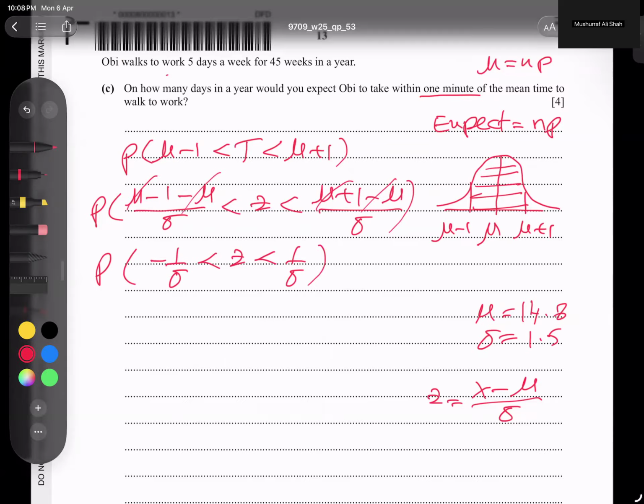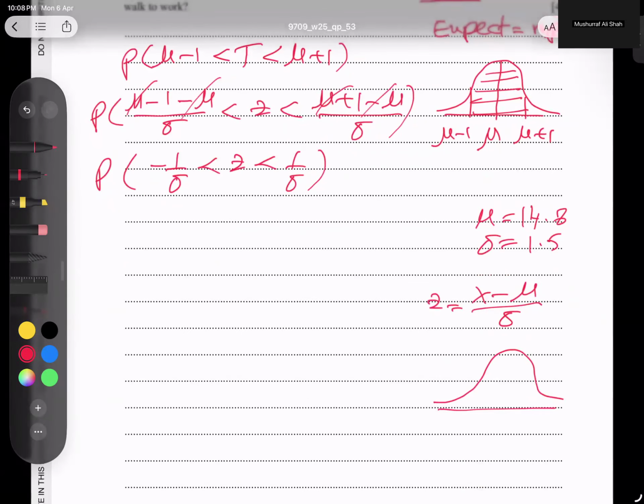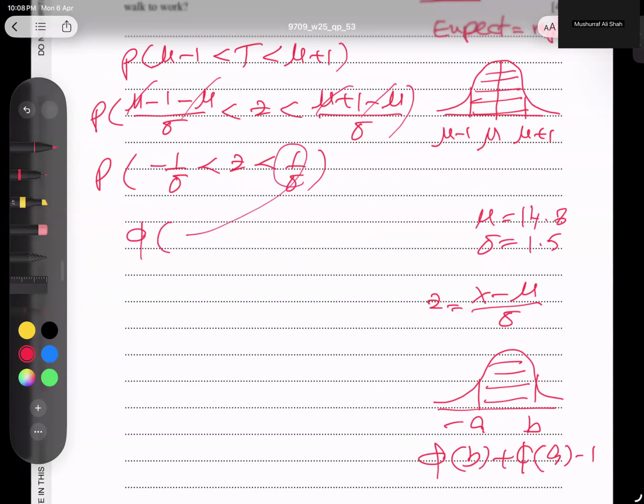Whenever one value is positive and one value is negative, how do we find this? It is phi of B plus phi of A minus 1. This negative will convert to positive. So phi of 1 over sigma plus phi of this value without sign, minus 1.